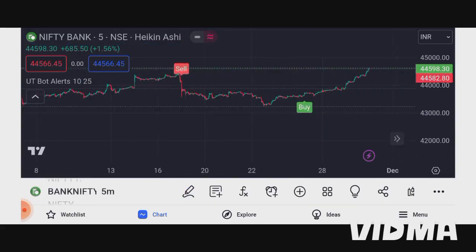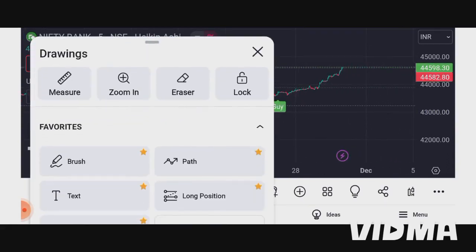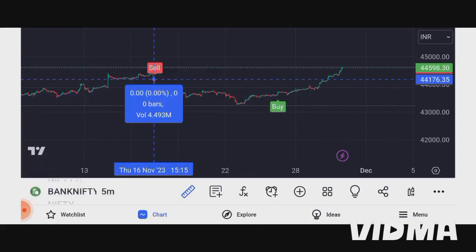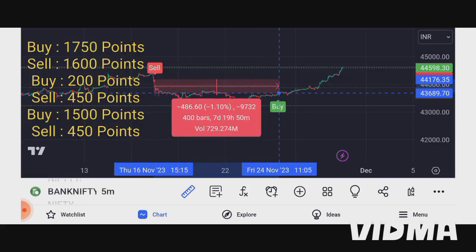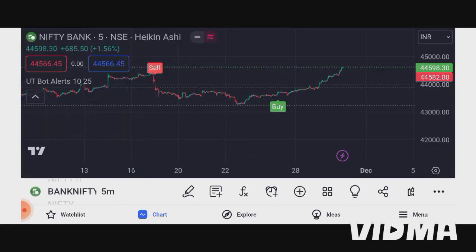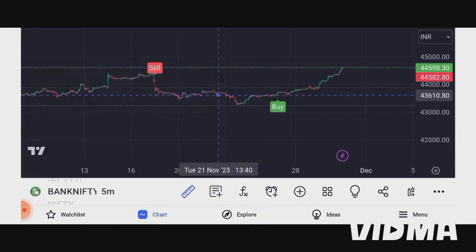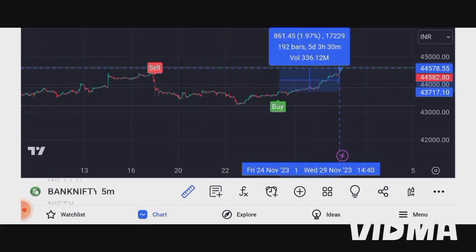Now again a sell is coming on the 16th, and from this sell to the buy it is 400 plus points, 486. The last trade is a buy, and it has already given 868 until now.